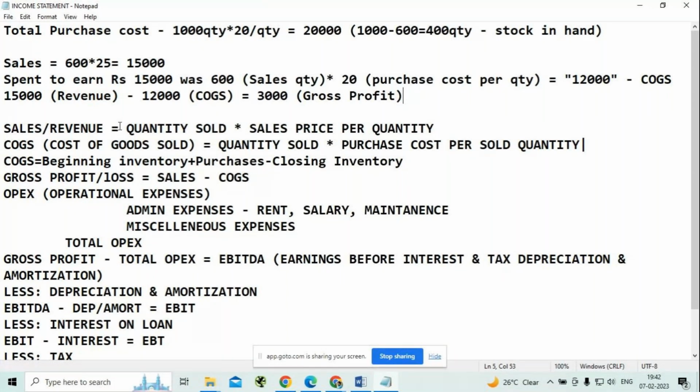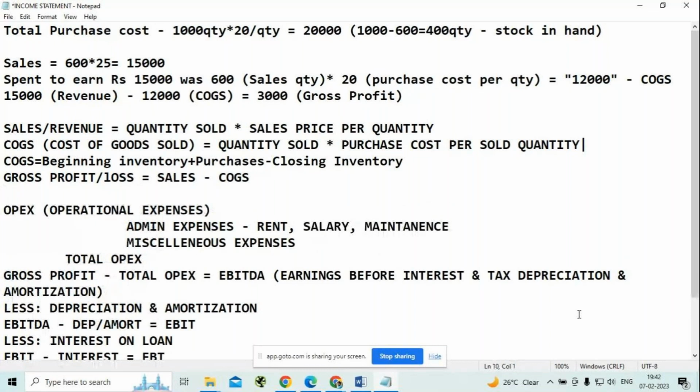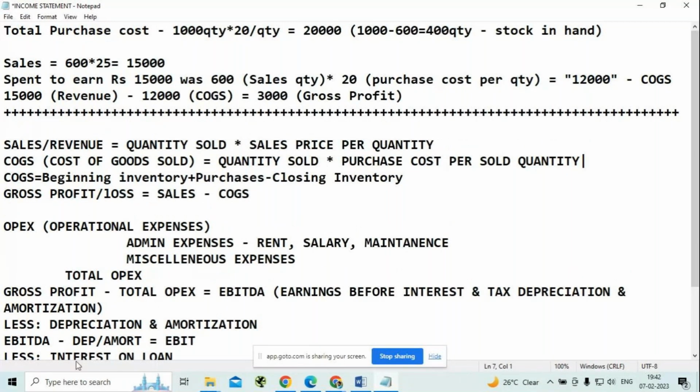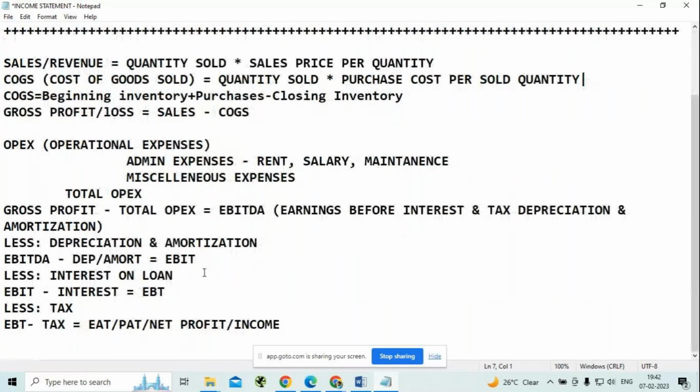So this 3,000, you can see I have given this explanation. This one I've just given in formula type.